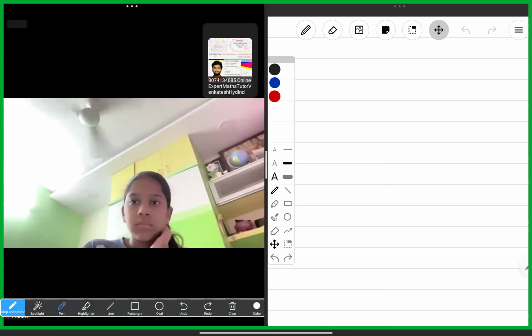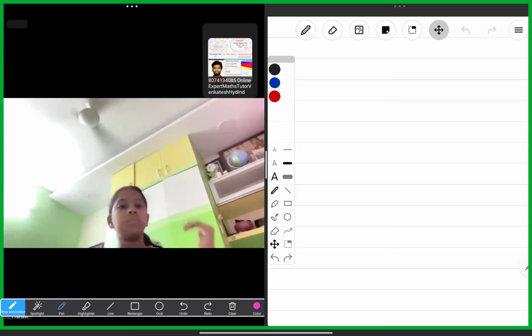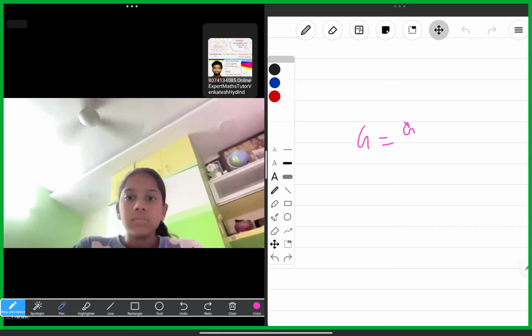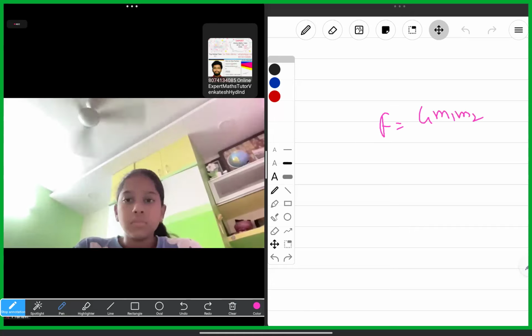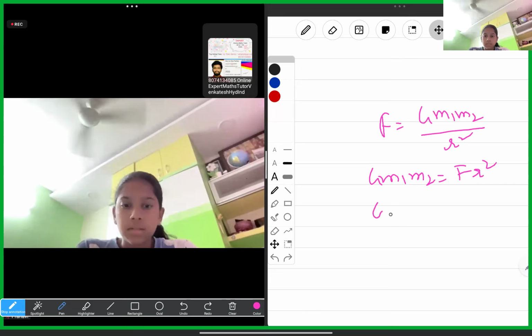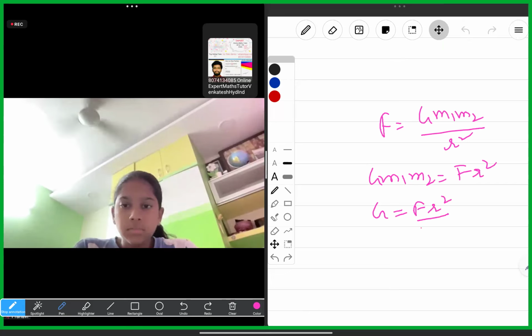Pranavi, here if you observe this equation, F is equal to G m1 m2 by r square. So if you cross multiply here, G m1 m2 is equal to F r square. So G is equal to F r square by m1 m2.